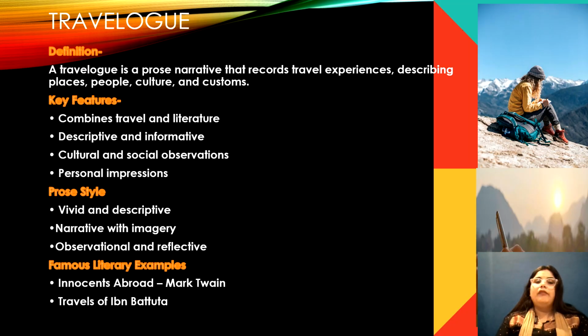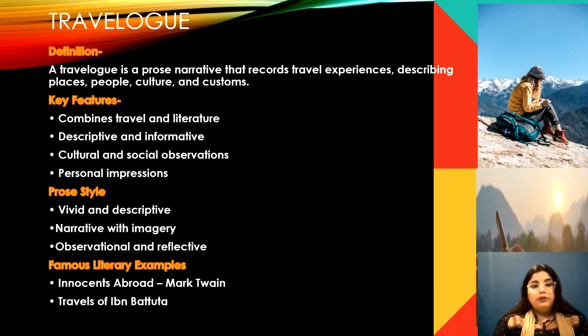Now we have travelogue. This word also suggests travel. A travelogue is a prose narrative that records travel experiences, describing places, people, culture, and customs. Here a person explores a trip, and in that particular trip, he talks about the places, people, culture, and customs of that particular area.